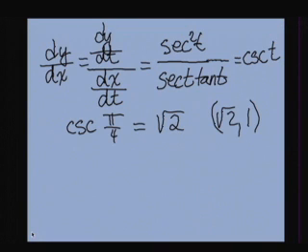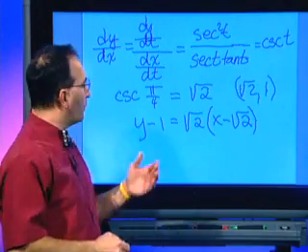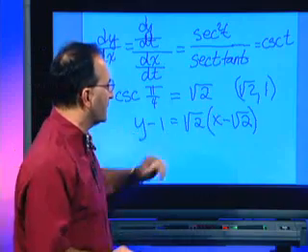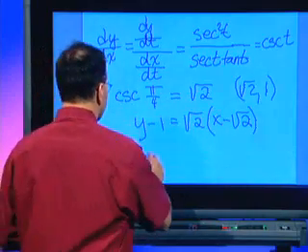So our equation becomes y minus 1 equals the square root of 2 times x minus the square root of 2. And then we can simplify that a little bit by distributing the square root of 2 and bringing that 1 over.